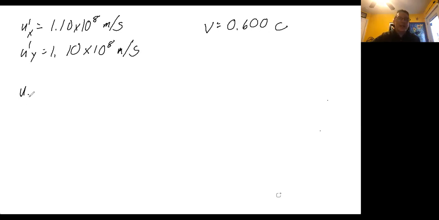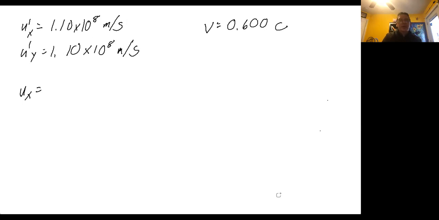So this is how the person is moving relative to the observer O primed. And now we're going to find the components of the velocity relative to observer O.